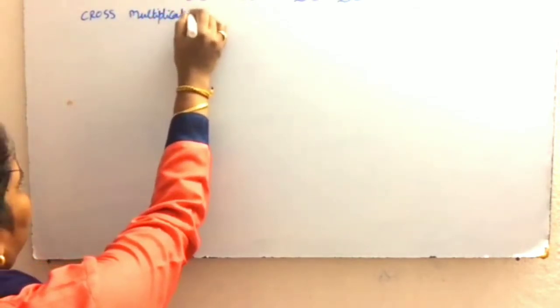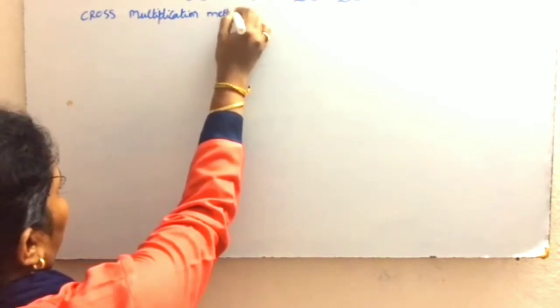Now the next method is the cross multiplication method. This is not given in your textbook, but this also finds the values of x and y in linear equations.